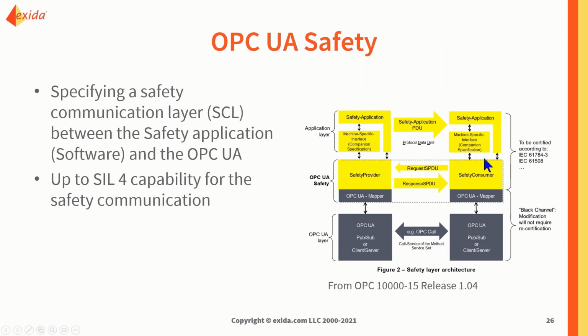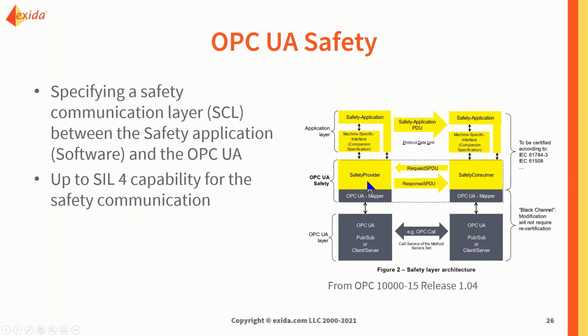So in the OPC standard, they define a very special safety communication layer. That is right here, the bridge between the safety application software and the general OPC UA layer. So it's kind of sandwiched in between.